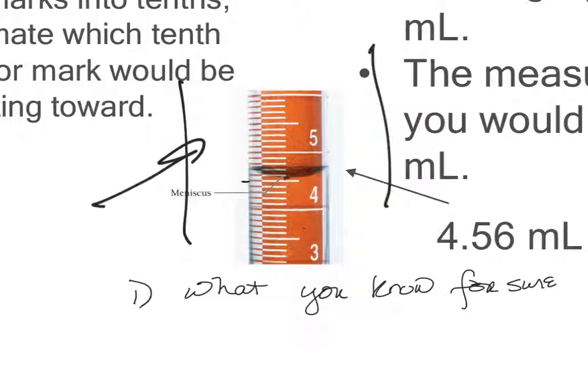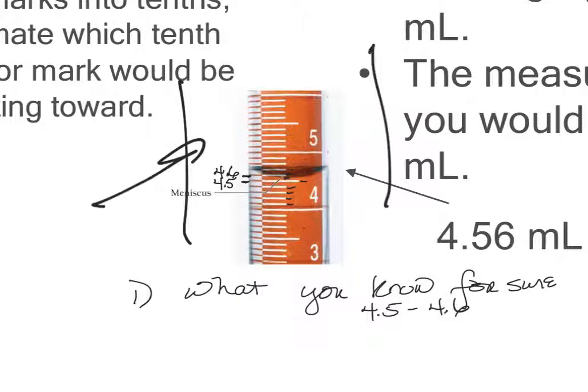Well, it's between this increment and that. So see what those are. You might notice that, let's see, 4.1, 2, 3, 4, 5, 6. So that is clearly between 4.5 and 4.6. So we know that for certain.